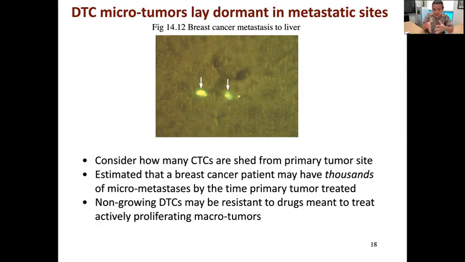So just think, once that basement membrane is dissolved, and all those cancer cells are beginning to spread away and encountering capillaries, you could have thousands upon thousands of cells being shed by that primary tumor every day, right, into the circulation.